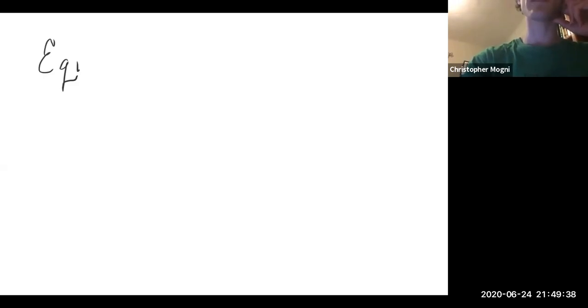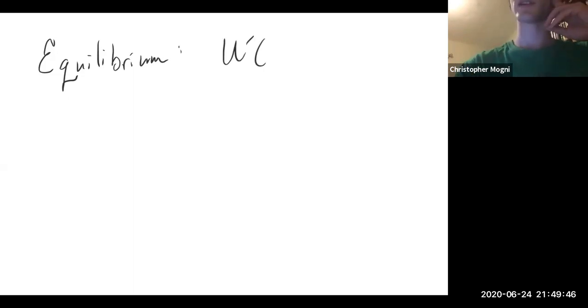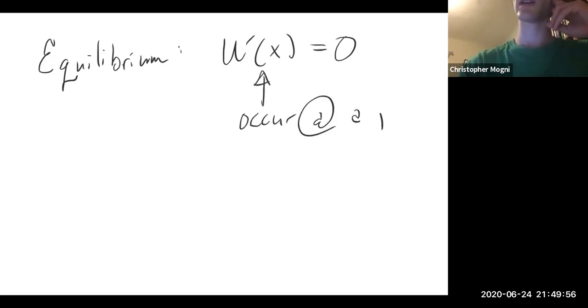Now, what we want to do next is figure out the approximation for small oscillations about equilibrium. The definition of equilibrium for a system is when the derivative of the potential is equal to 0. This is going to occur at a point or multiple points.